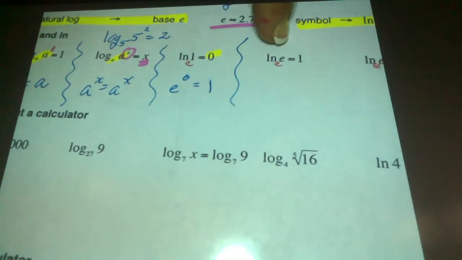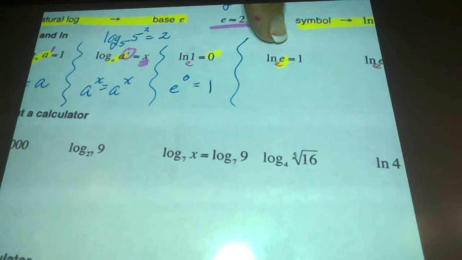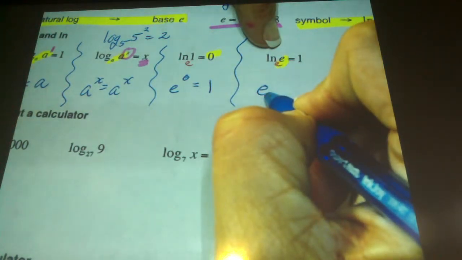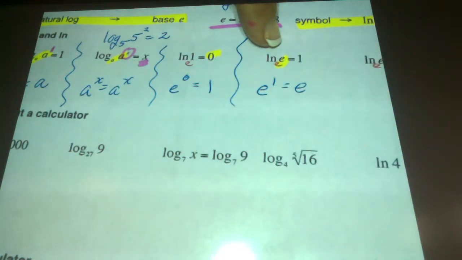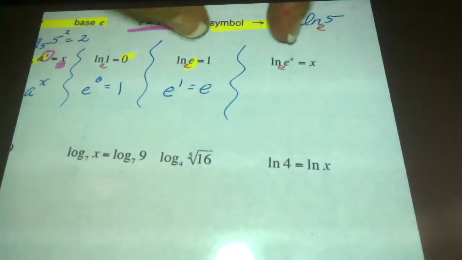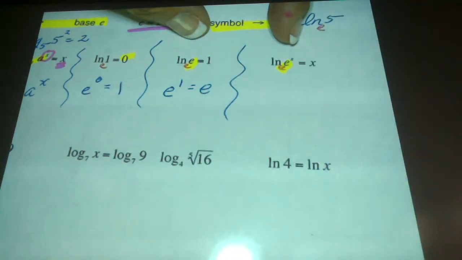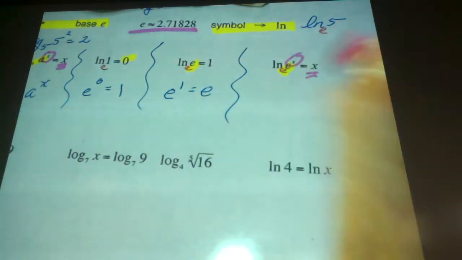Same thing here. Notice that the base of the natural log and the number we're taking the log of are the same. Anytime those are the same, the answer becomes 1. Because e to what power equals e? It has to be to the first power. And again, these two are really identical because I still have the same base and I'm taking the natural log of the same number, but this time I have an exponent of x, so the answer is x.